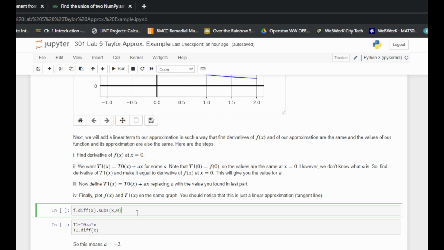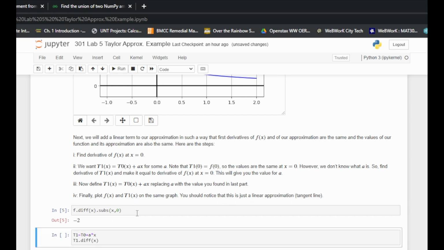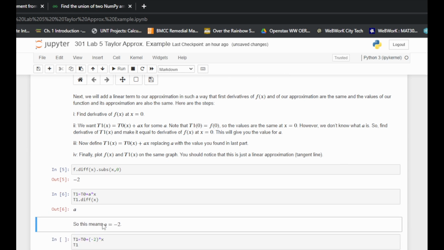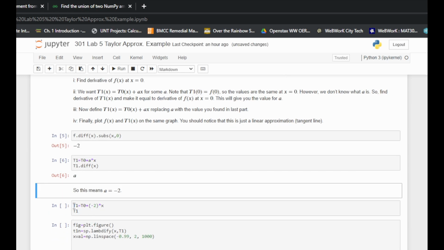So here's the derivative of f of x evaluated at 0. It's minus 2. Next, we'll create our t1, which is t0 plus ax, and we'll find the derivative of this linear function. It's a, and therefore we want our a equal to negative 2. So we will redefine t1.